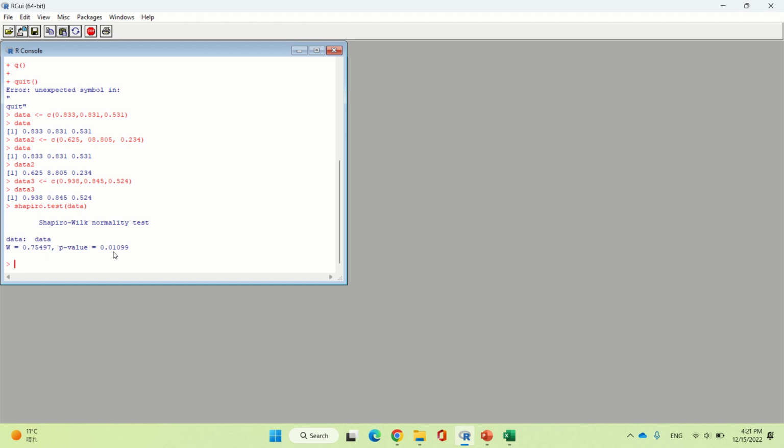Now we use the one way ANOVA in R software.